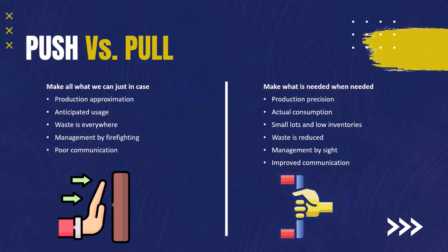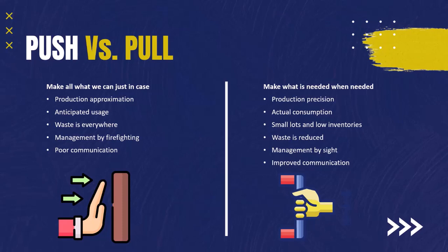So, if we want to summarize the difference between both concepts, push aims to make all that we can just in case, while pull aims to make what is needed when needed. And this is why pull fits with the concept of lean, which aims to eliminate wastes.